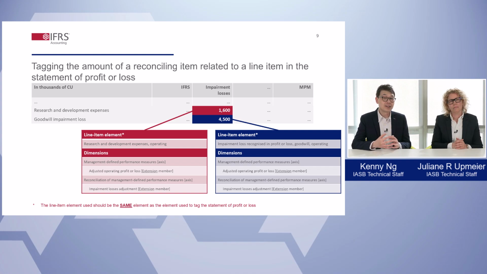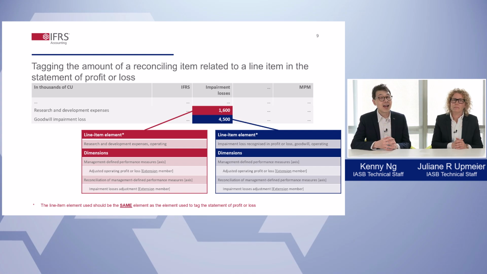As already mentioned, an entity needs to disclose, for example, how the reconciling item impairment losses relates to each line item in the statement of profit or loss, because part of the reconciling item relates to research and development expenses, and part relates to goodwill impairment loss. When tagging, preparers will need to use different line items elements to tag these amounts.